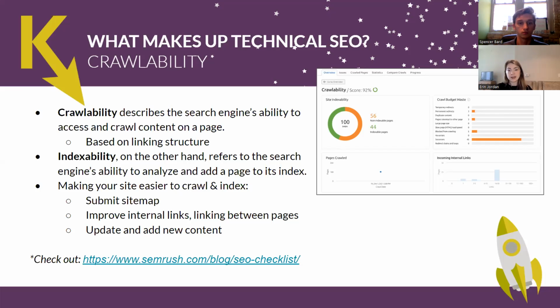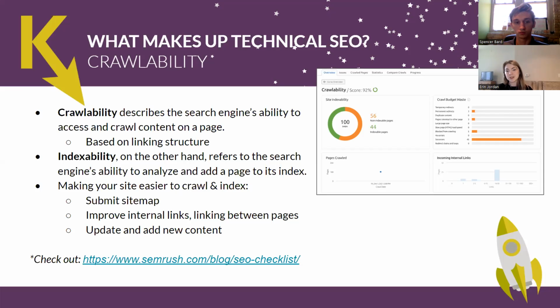That refers more to the search engine's ability to analyze what a page is about and add it into those search results. So those are two key terms to know, but what that means for you in terms of updating and maintaining your website is, how do you make it easier for those robots to crawl and index?